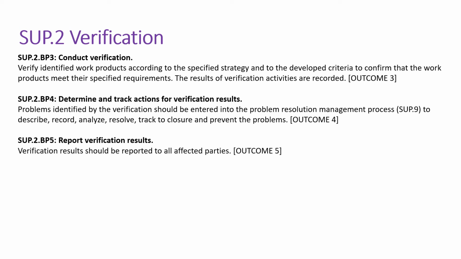Your BP5 talks about report verification results. So verification results should be reported to all affected parties. Generally, in any configuration management tool, if you identify a review comment, and it is tool oriented, then auto-generated mails will be there. So every stakeholder or every affected party will get an alert. In normal scenarios, you need to send an email saying that I have identified something.